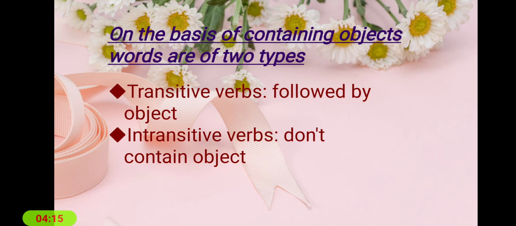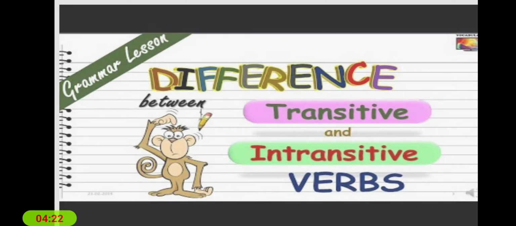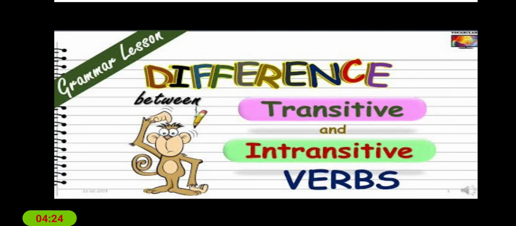Intransitive verbs don't contain object. So what is the difference between transitive and intransitive verbs? Exactly, object. Transitive verbs is followed by object, and intransitive verbs don't need any object.